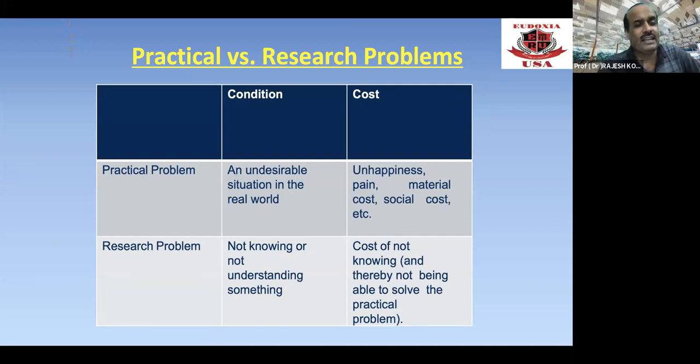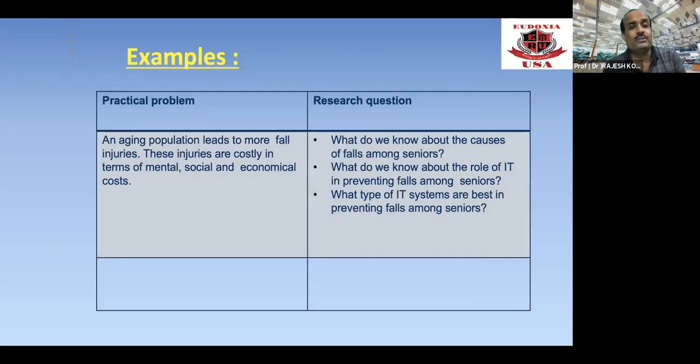So, practical versus research problem: a practical problem is an unbearable situation in the real world, like unhappiness, pain, material cost, social cost. Today everybody is having practical problems, like the very enhanced cost of living. A research problem is not knowing or not understanding something, the cost of not knowing. These are some of the things which help.